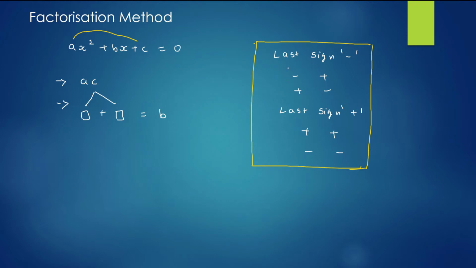But do remember, if your last sign is minus, then the signs will be minus and plus, or plus and minus. If your last sign is plus, then it's plus and plus, or minus and minus. We will see how we can use this table for solving a sum.